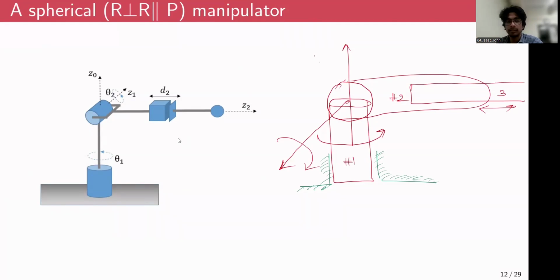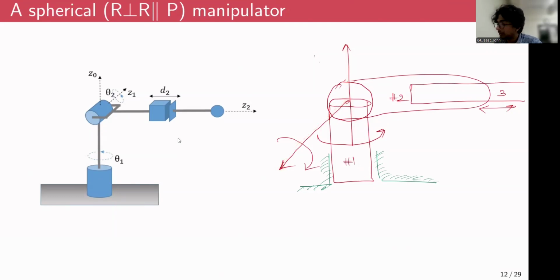So the manipulator is called R parallel R, R perpendicular R parallel P, because the first and the second revolute joints are perpendicular, right? This is the axis of the first revolute joint. This is the axis of the second revolute joint, right? They are perpendicular to each other.